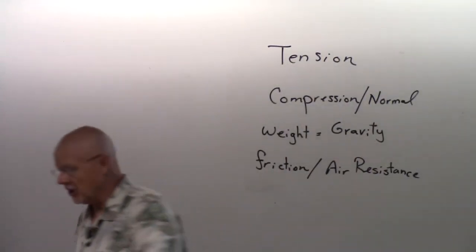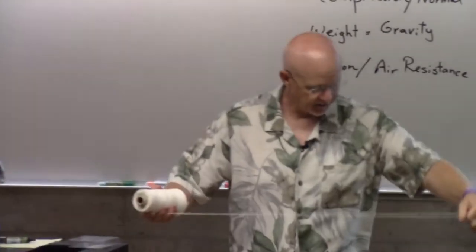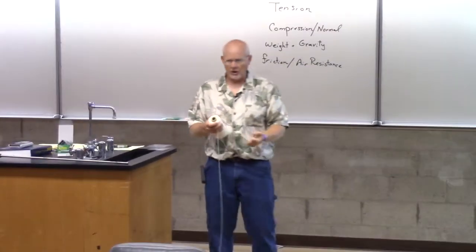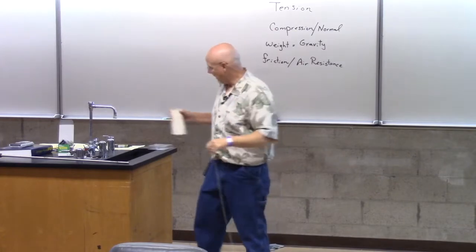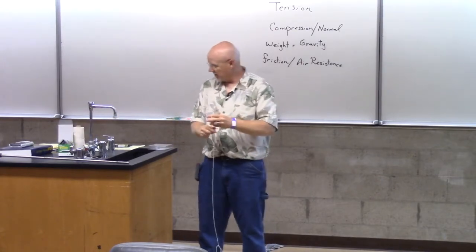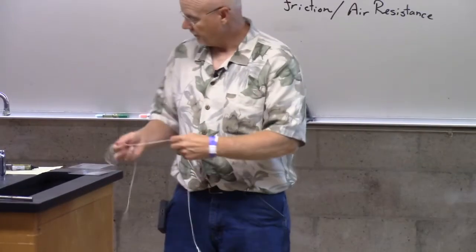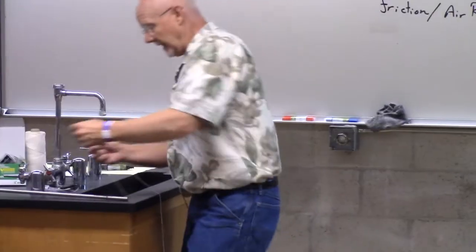And a tension, which is why I brought this cotton string here, is really just a fancy word for a pull. And so if I take this cotton string, and you can see it's not a very strong string, let me just lasso something.